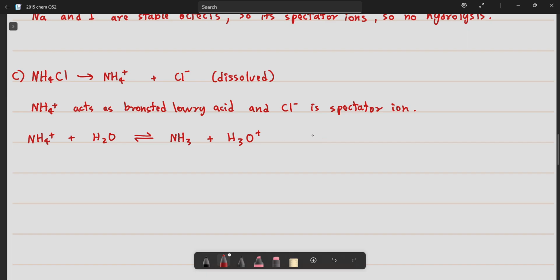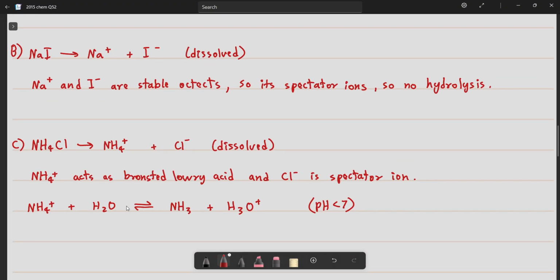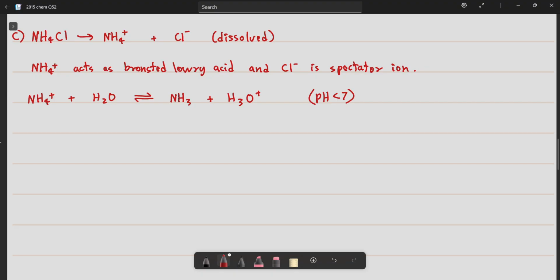So thus the pH will be less than 7, which is an acidic solution. Okay, so now moving on. Hydronium ion basically also dissociates into water and proton, and that's why the resultant solution will be acidic. So this is acid, and that you must know.